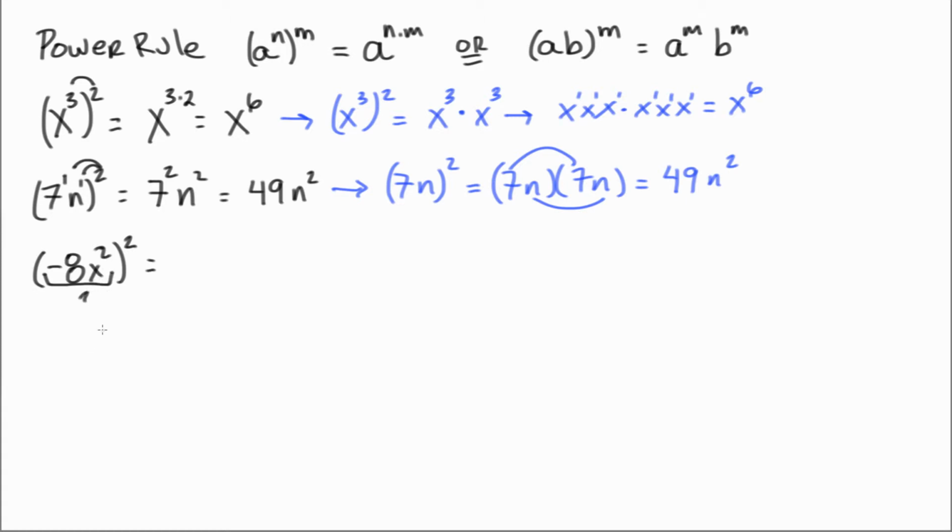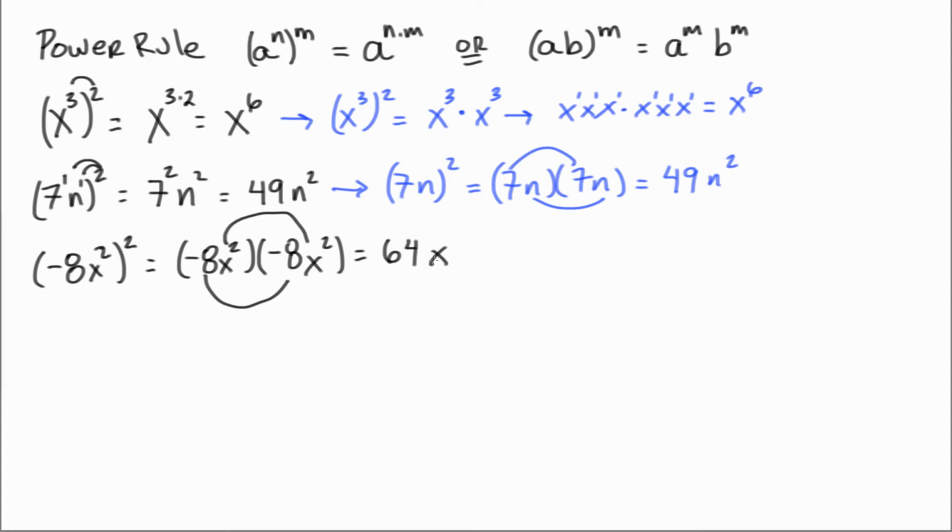That's right, you have 2 of them. So I'm going to write out negative 8x squared 2 times. Now, I can see that negative 8 times negative 8 gives me 64. And x squared times x squared gives me x to the 4th power. And so that's the answer.